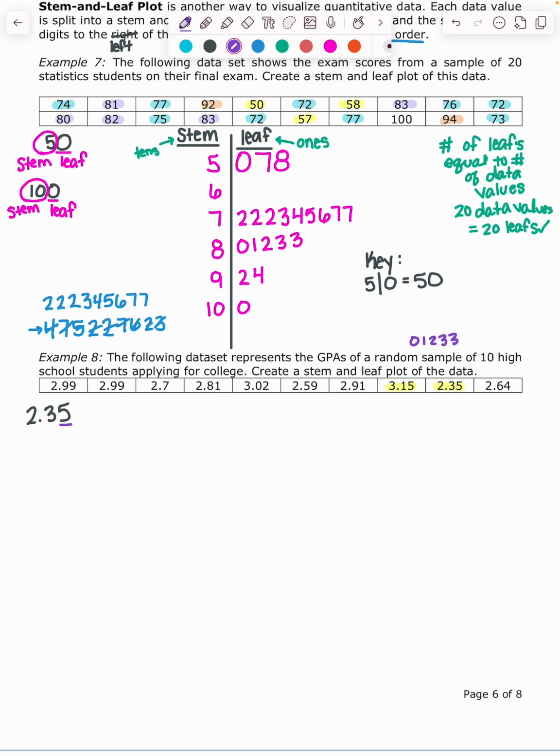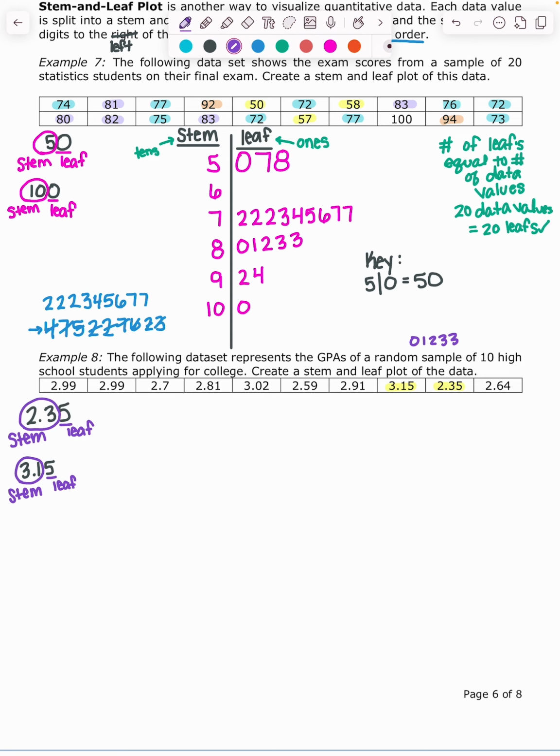So the 5 is going to be the leaf piece, and 2.3 is going to be the stem. And then I can identify this with the 3.15 as well, where again, the 5 is the leaf and 3.1 is the stem.